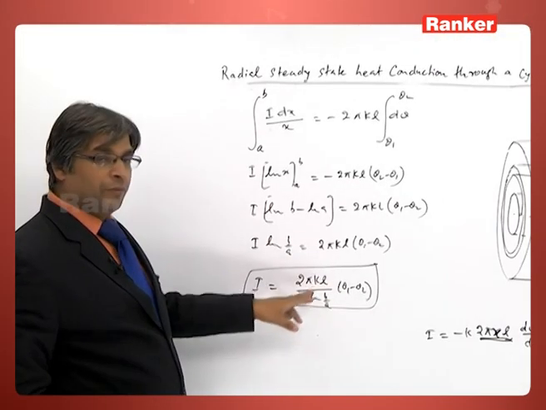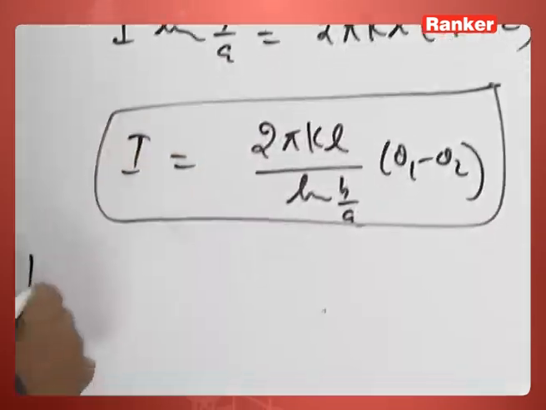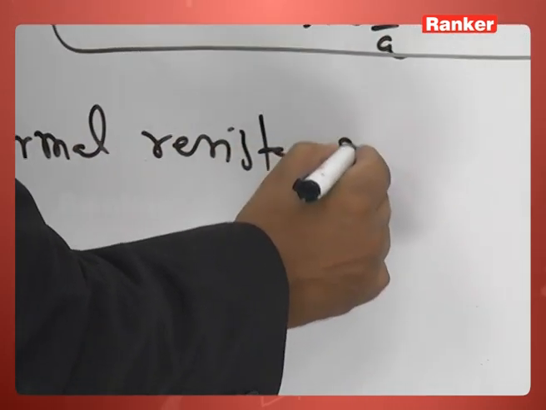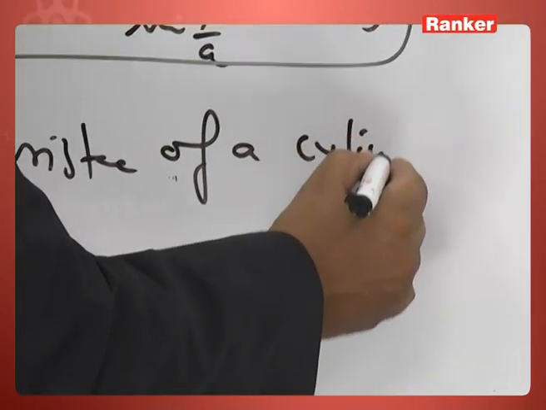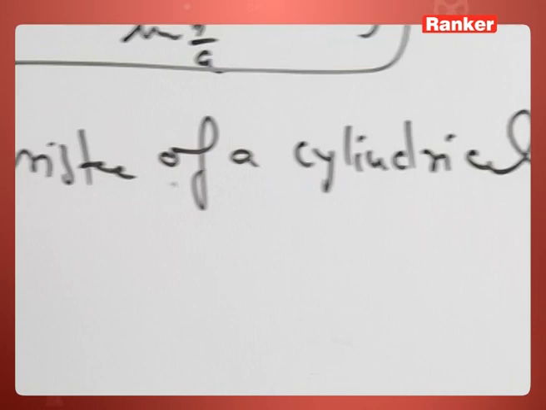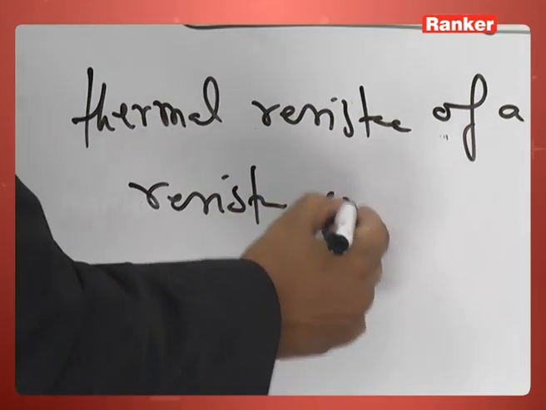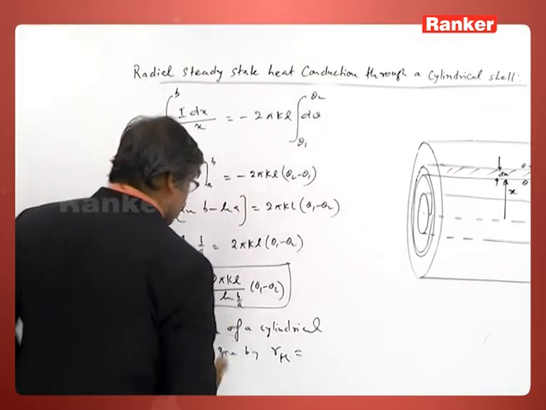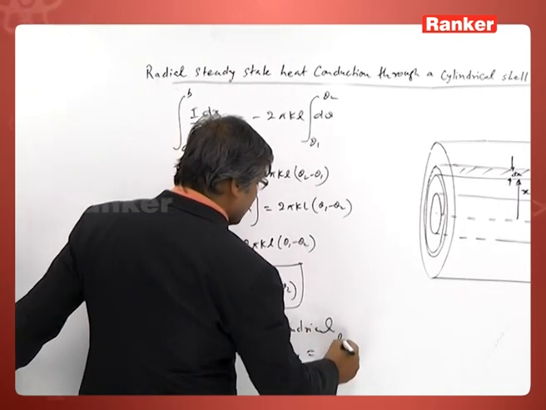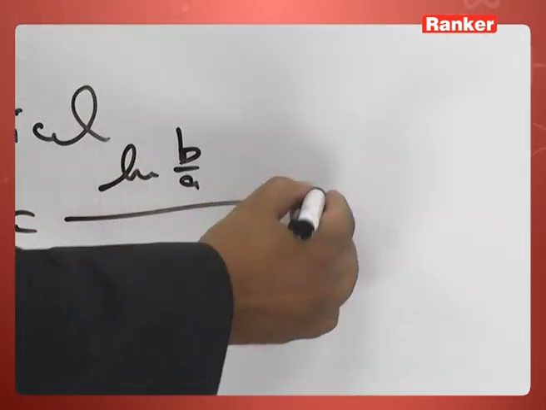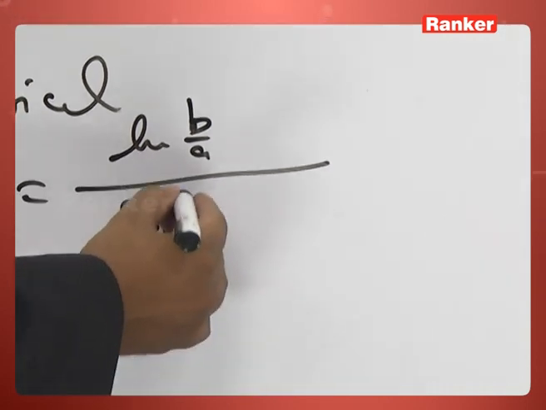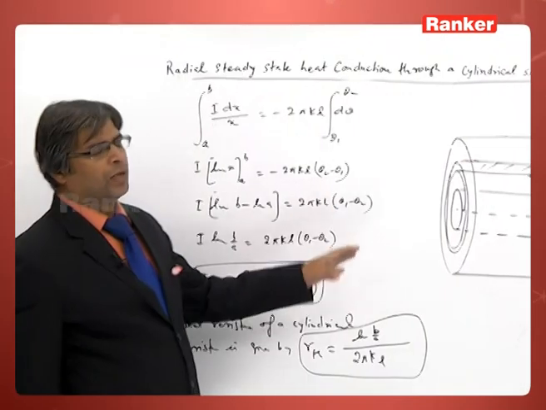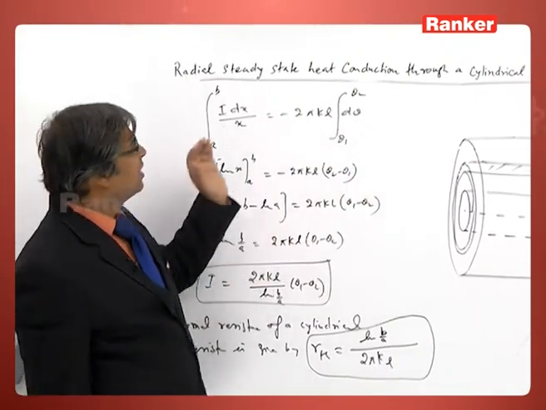Now, we can find the thermal resistance of a cylindrical resistor, given by R TH equals ln B by A upon 2 pi k L. So, this is the thermal resistance of a cylindrical heat conductor.